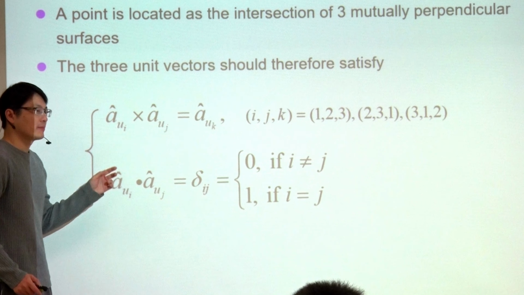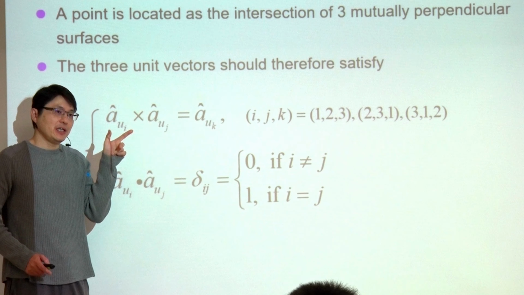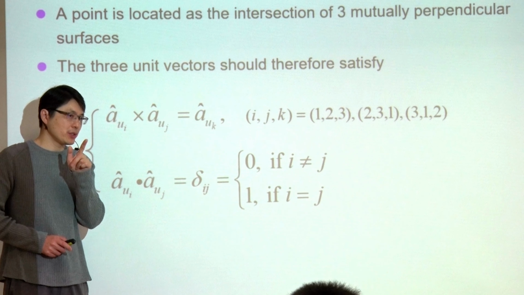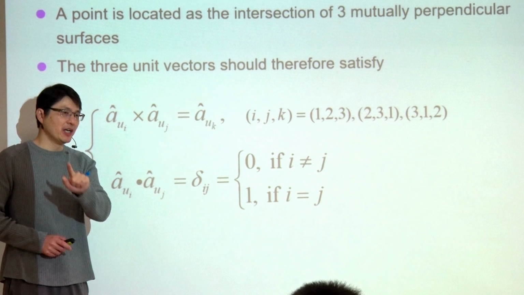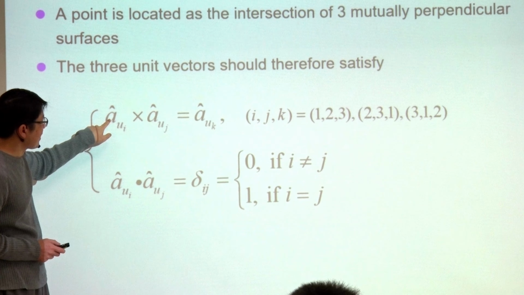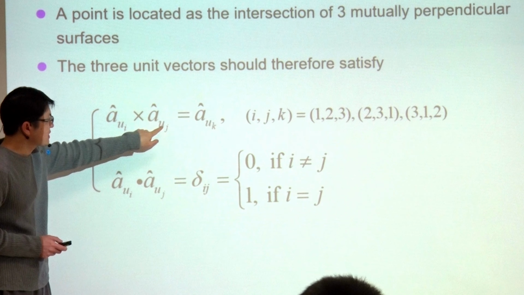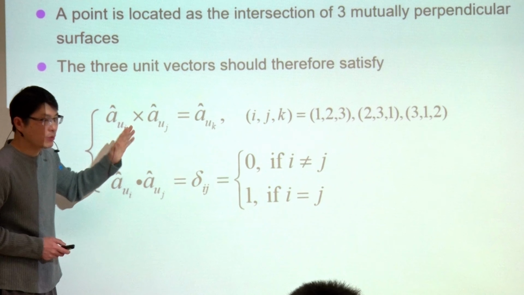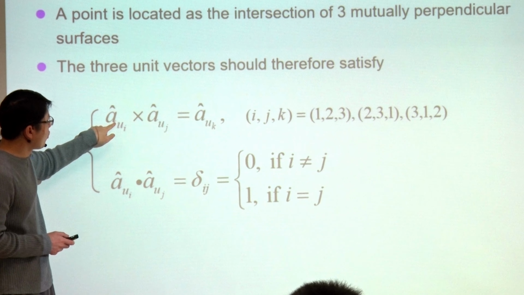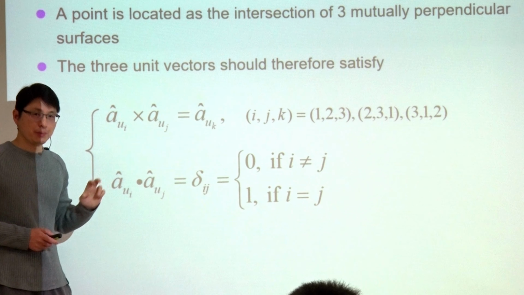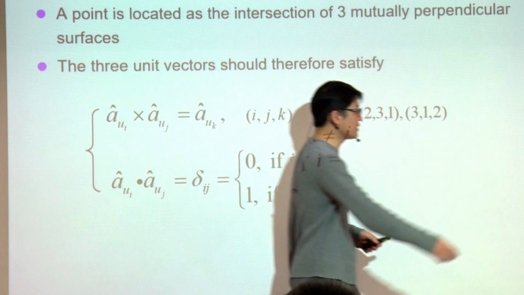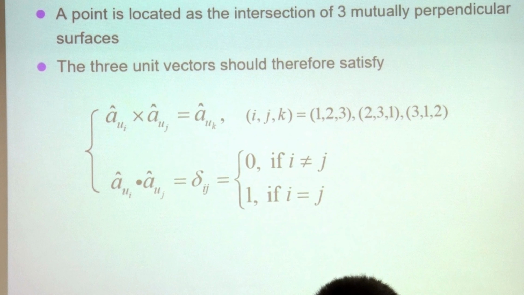Therefore, each two being perpendicular, this is where you should apply what you just learned to the definition. A unit vector, first one, second one, right? I and j can be 1, 2, 3, 2, 3, 1, 3, 1, 2. For example, A1 cross A2 should be A3, right? So this is the definition of orthogonal coordinate.